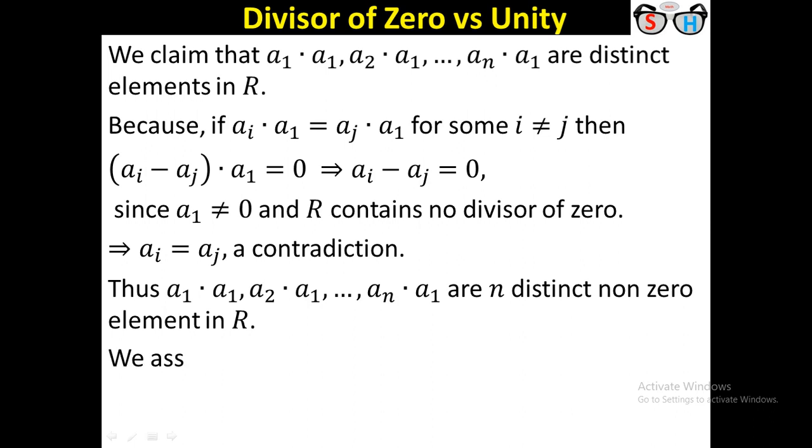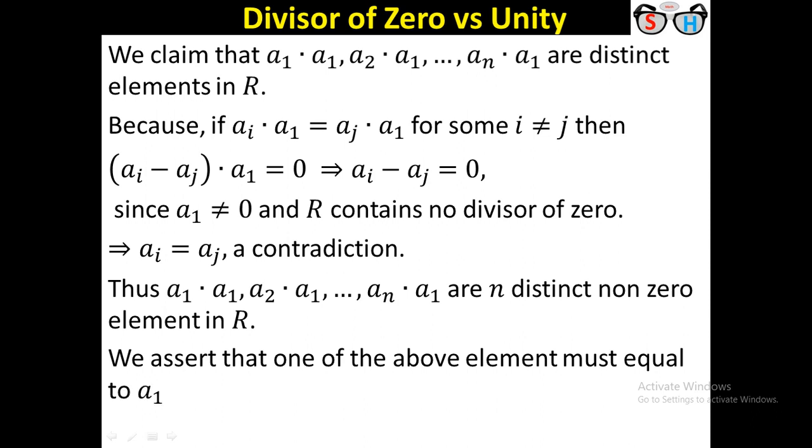Now we assert that exactly one of the above n elements must be equal to a1. Why?